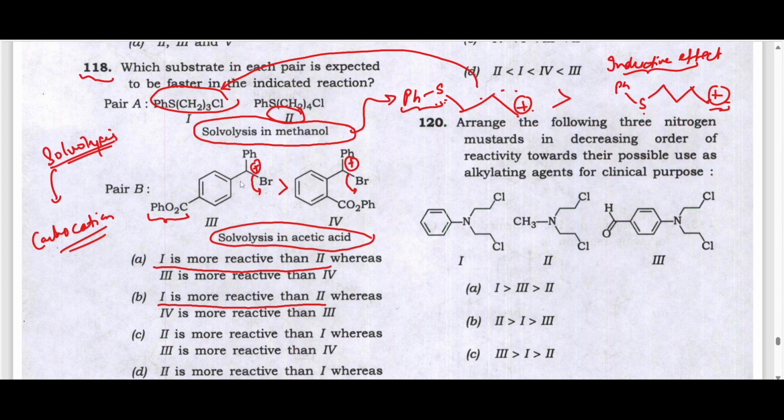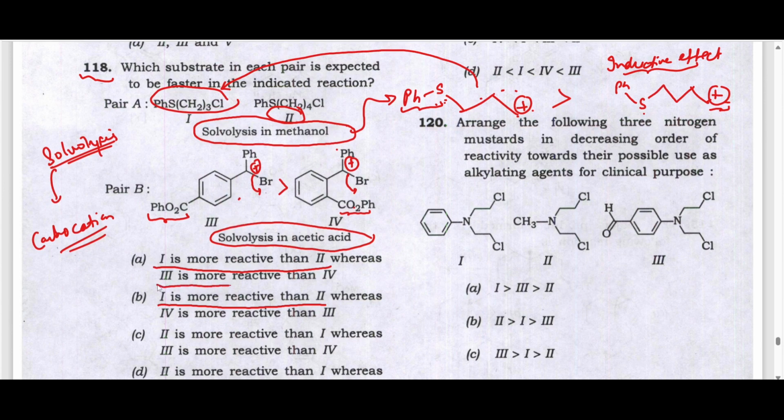So this carbocation is more stable as compared to this carbocation where this phenyl acetate is present at the ortho position, however closer to this carbocation, but due to steric hindrance, because there is also one phenyl group, this carbocation is less stable as compared to this carbocation. So ultimately, the third substrate is more reactive as compared to the fourth.